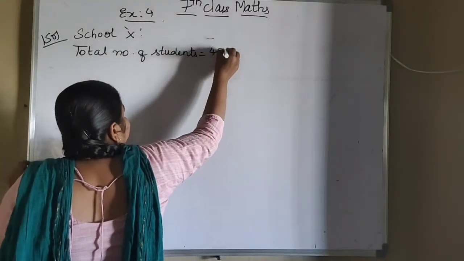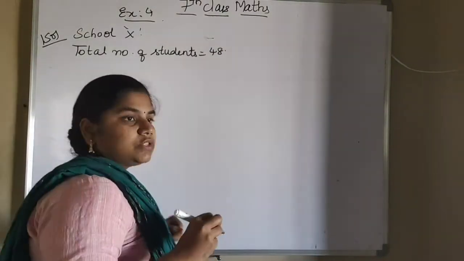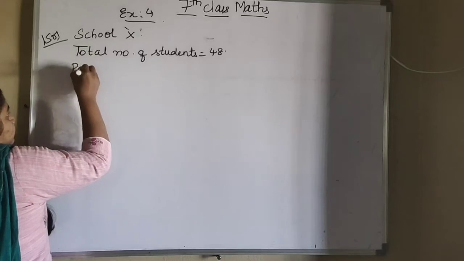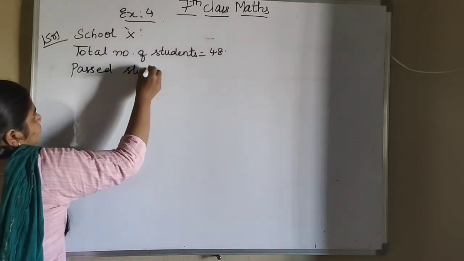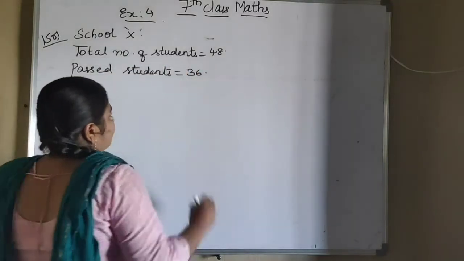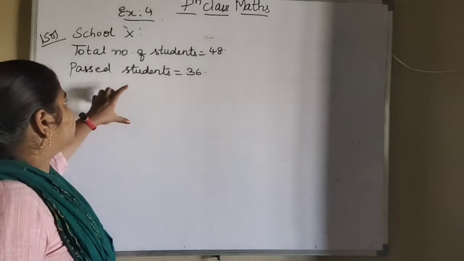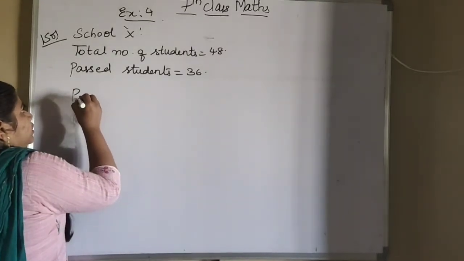The total number of students is 48. But how many have passed? Only 36 students have passed. Passed students are 36. So what is the percentage of this school X? We will find it first. So how to find the pass percentage here?